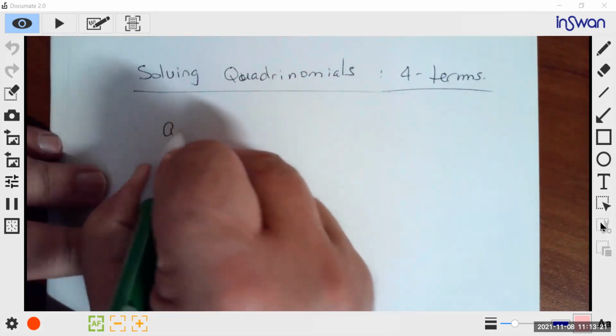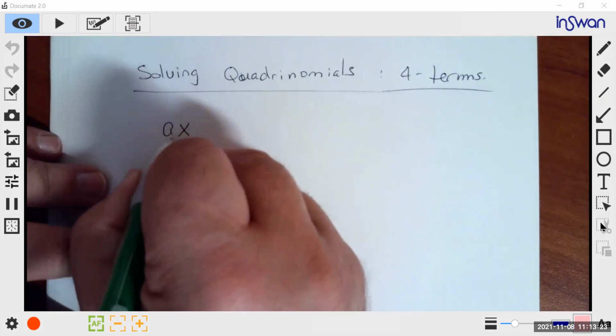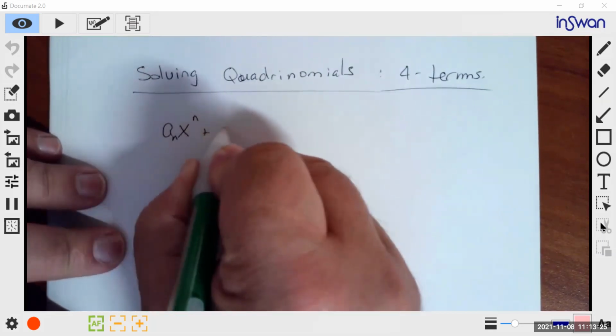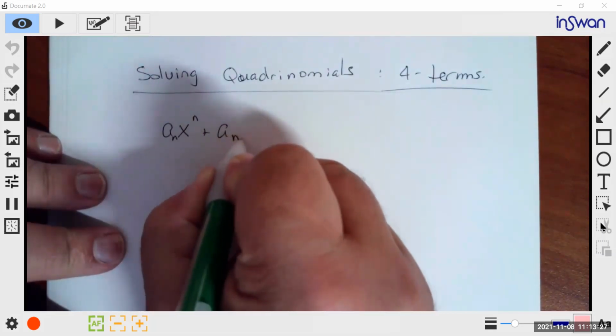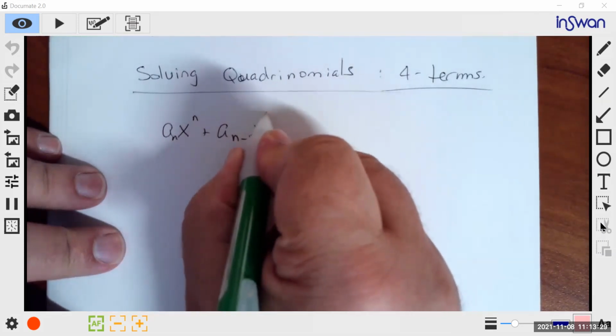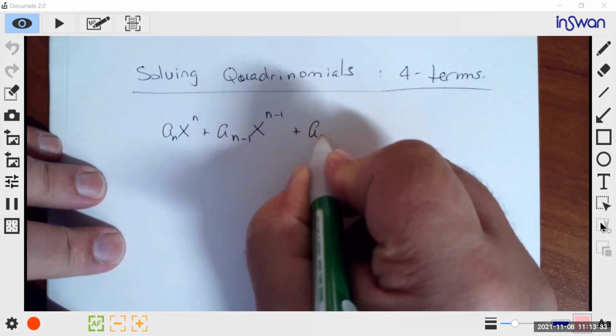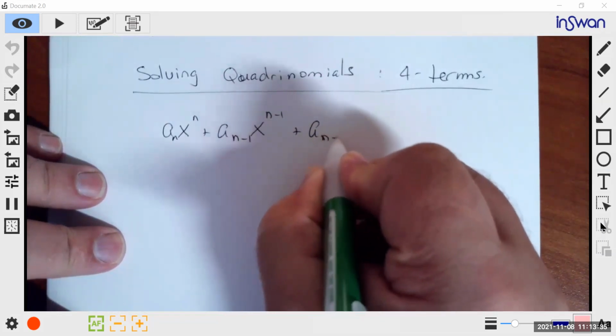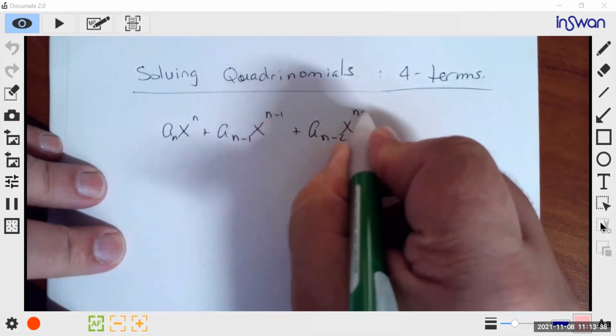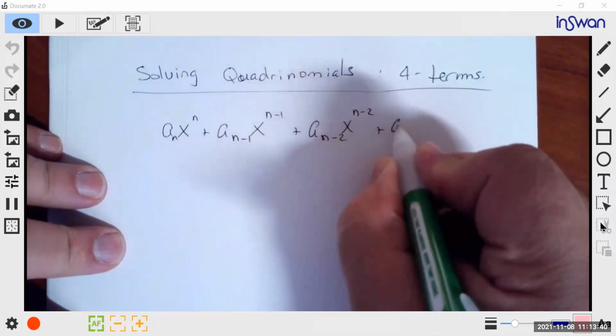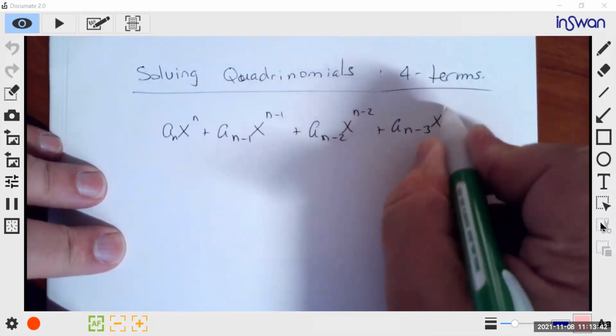We have ax^n, n minus 1, n minus 2, and n minus 3.